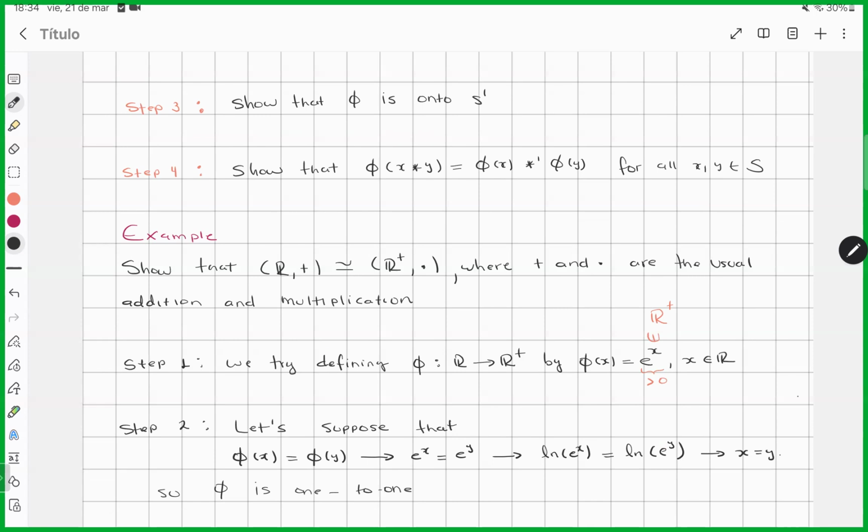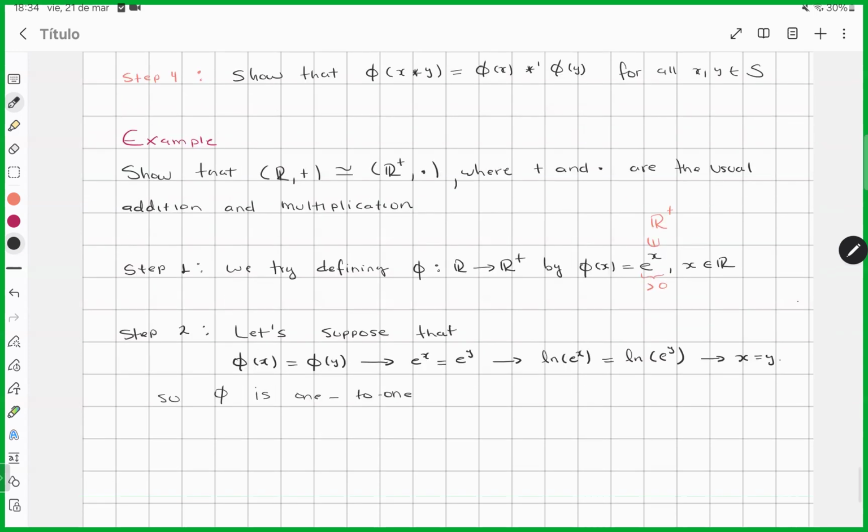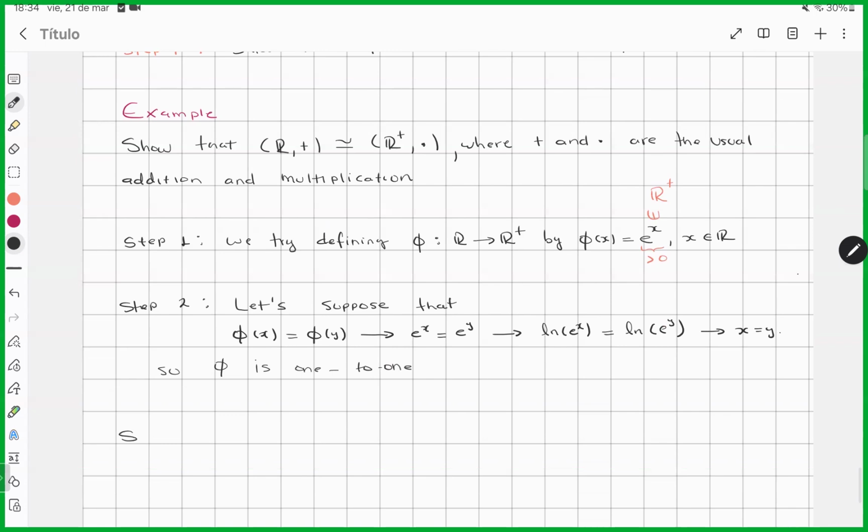Okay, so now step 3. We should prove that phi is surjective. Okay, so if we take here a positive real number x, then we know that the natural logarithm of x is a real number.